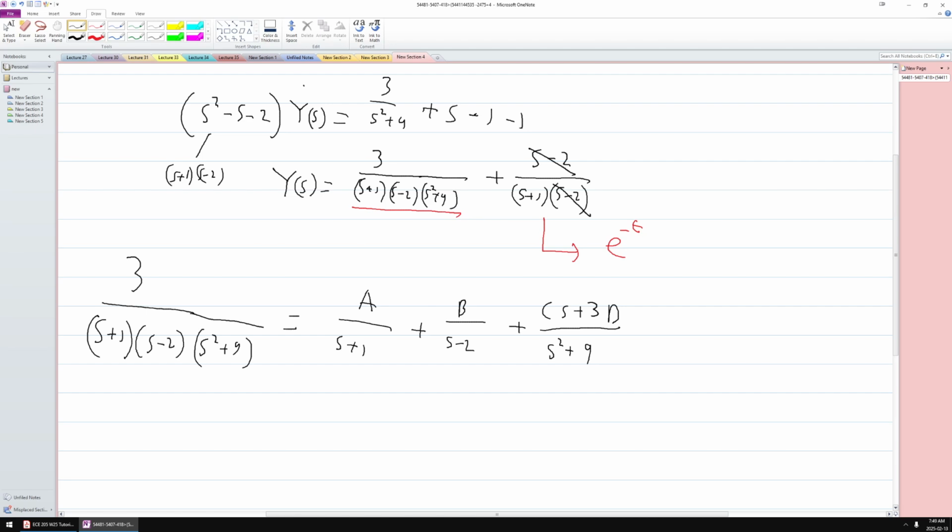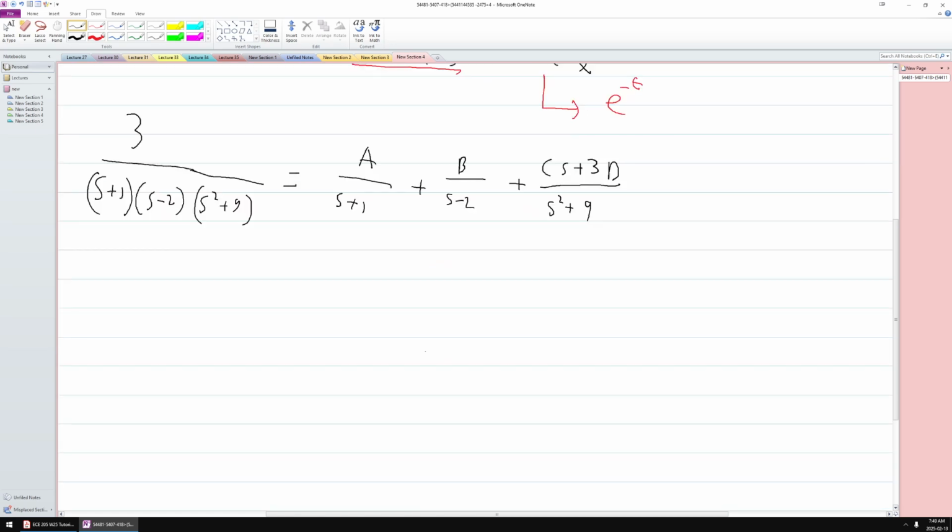Now I do my Heaviside method. All right, so A, I can read that off immediately. And let's see if we don't make typos this time. So A is going to be, I multiply by my s plus 1, and then plug in s is negative 1. So it's going to be 3 over minus 1 minus 2 times minus 1 quantity squared plus 9.